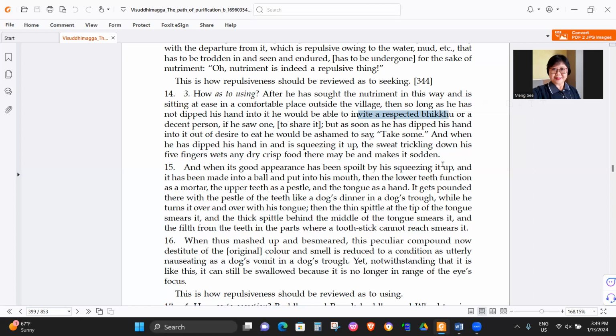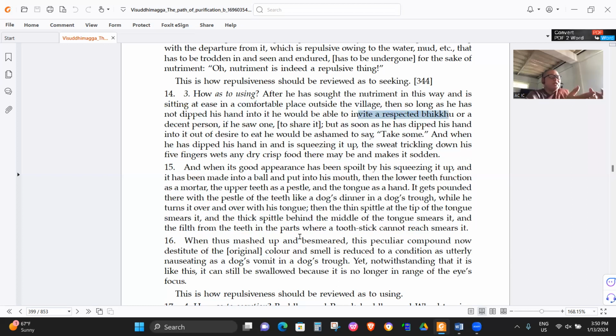And the second is the slow process in which he handles the food and then devours the food, and mentally takes note of what happens to the food, of the loathsomeness of the food as it goes, before he swallows it. So finally, inside the mouth, what will happen to the food?